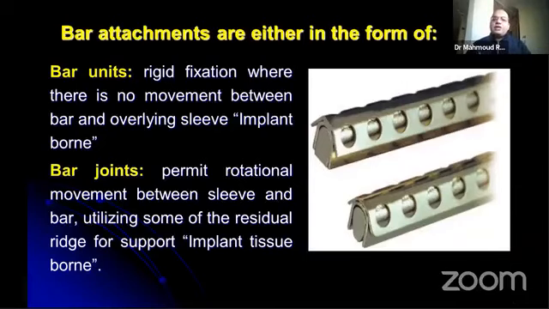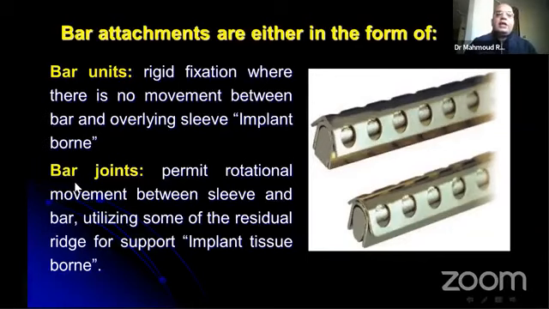So we must use a sufficient number of implants, because the implants will receive all the masticatory load falling on the overdenture. We must distribute these forces over a sufficient number of implants, strategically distributed onto the arch, that can withstand this masticatory load.